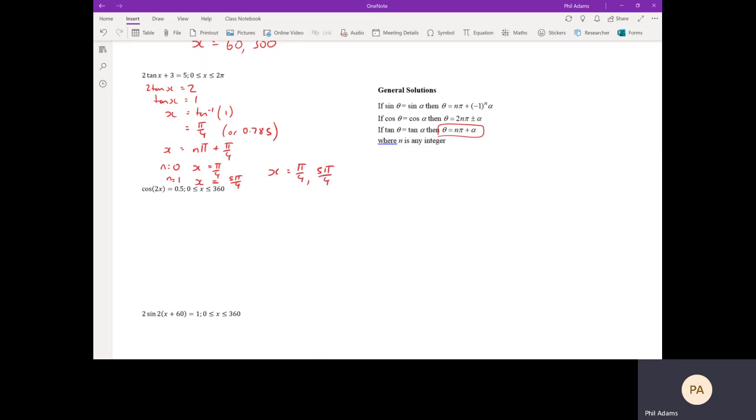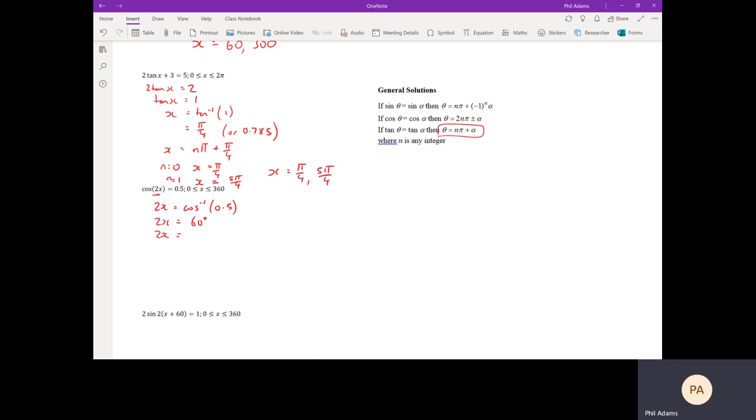Where these get a little more interesting is where you have the frequency that's been changed. In this case, when we do our inverse trig function, 2x will be 60 degrees. We don't divide by 2 yet. What we do is apply the general formula first.